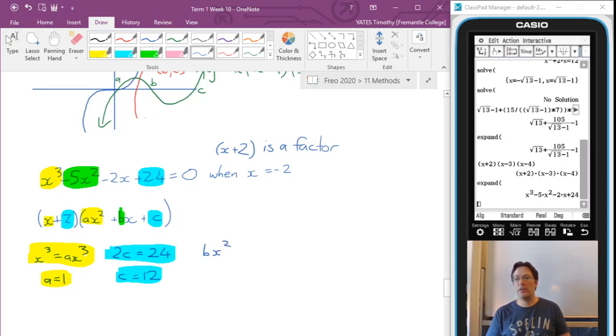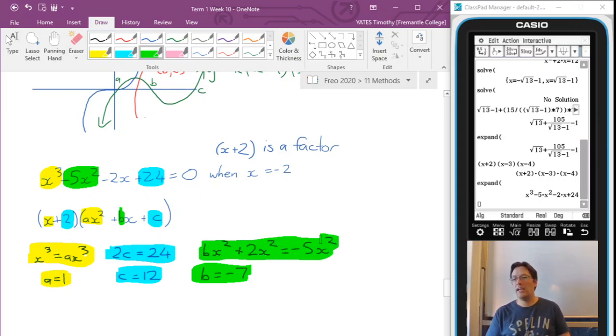The other way to get an x squared is to do 2 times ax squared, but we already know a is 1. So bx squared plus 2x squared equals negative 5x squared. What's b going to be? b has to be negative 7. That's the only way that it can end up being the right thing.